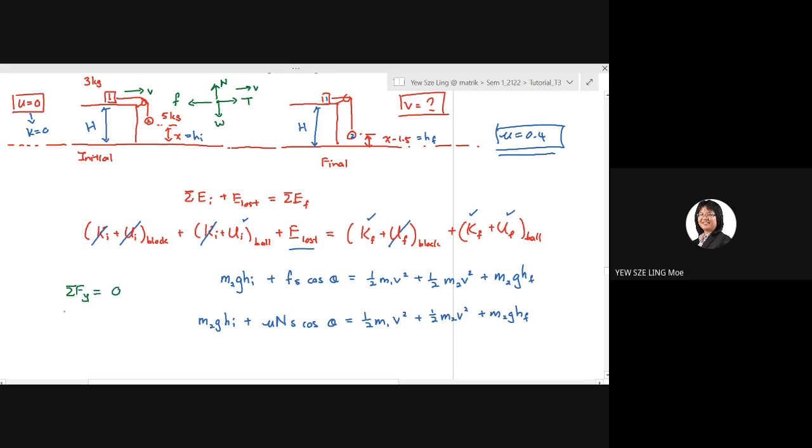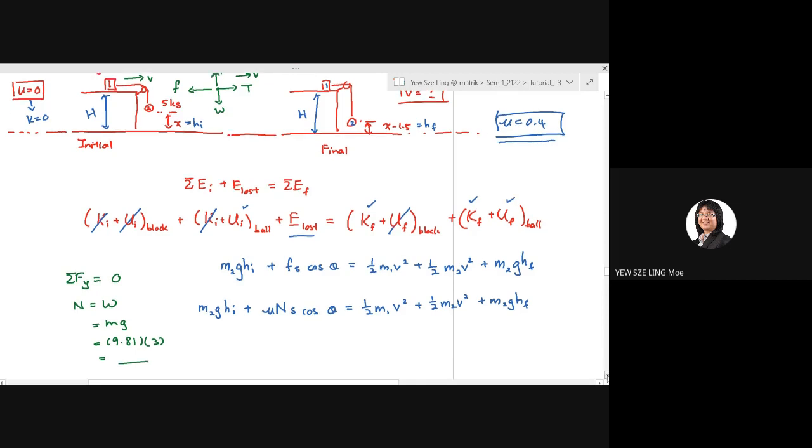Look at the bottom left, I write it there. The thing that I have is N equals W, which equals mg, which equals 9.81 times m, and m is 3. So that is 3 times 9.81, which is 29.43. I'll let you calculate it yourself.